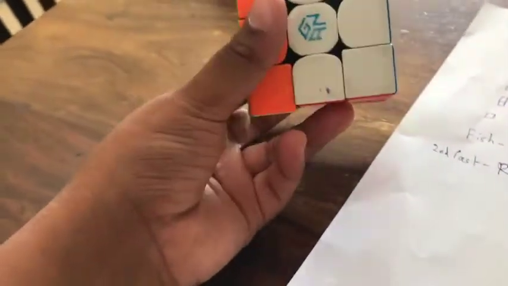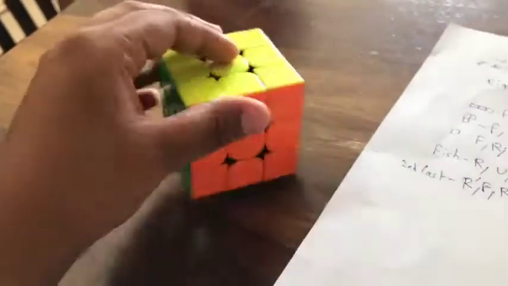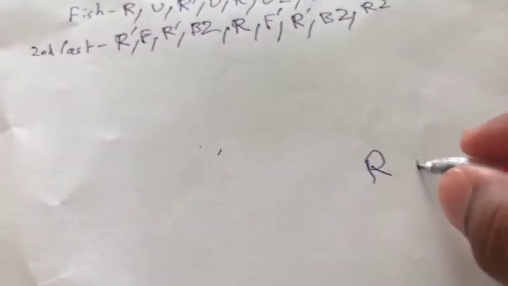But when you're trying to symbolize a double movement like this, then we've got to do a lowercase r. So like that, the lowercase letters mean a double movement.